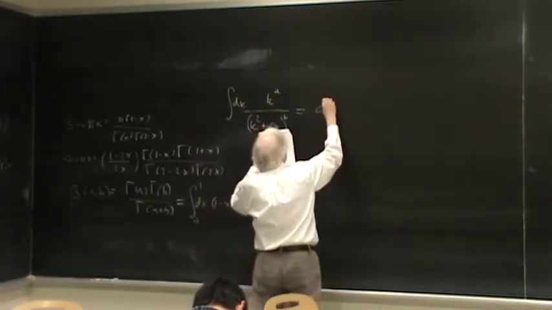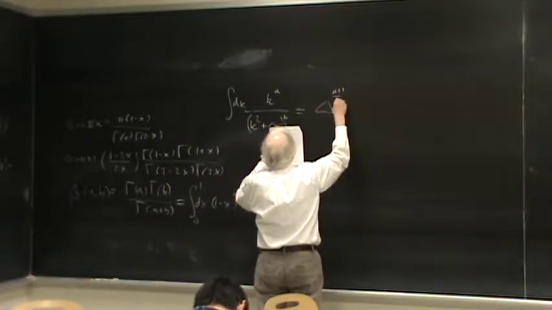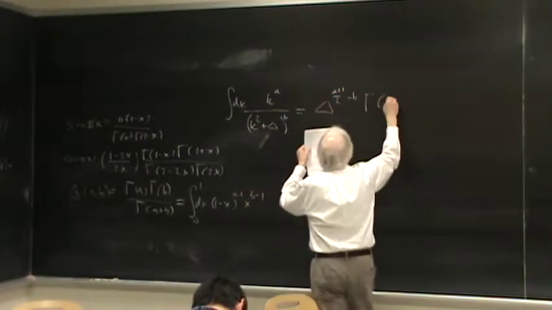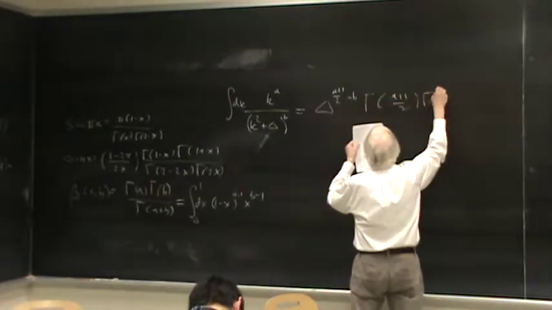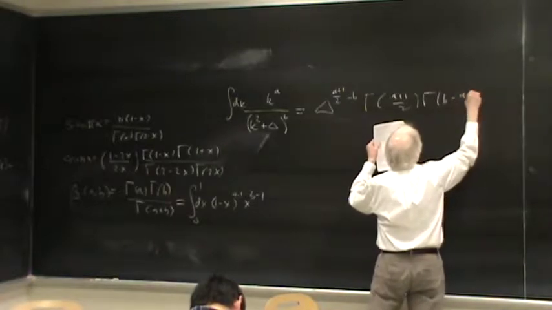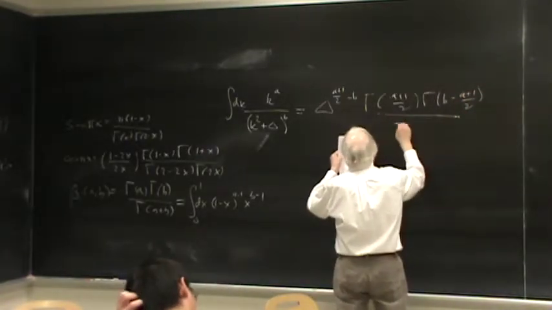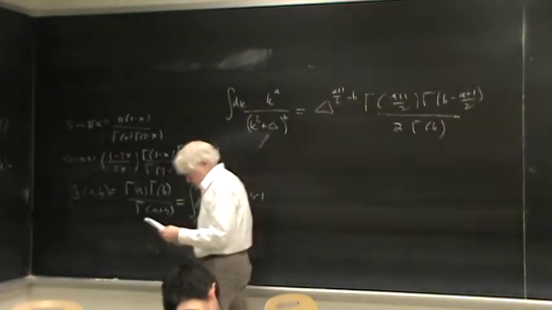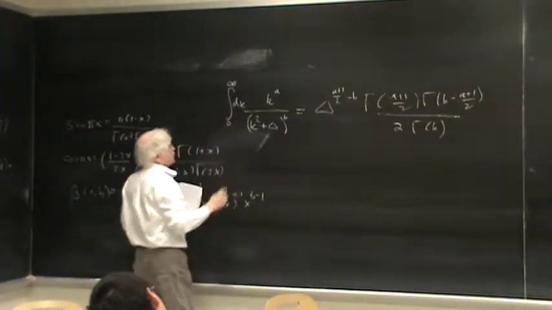This is delta to the a plus 1 over 2 minus b, and then gamma of (a plus 1) over 2, gamma of b minus (a plus 1) over 2, over gamma of b. And this integral, of course, is from 0 to infinity.